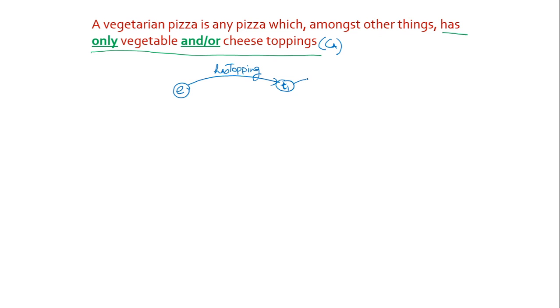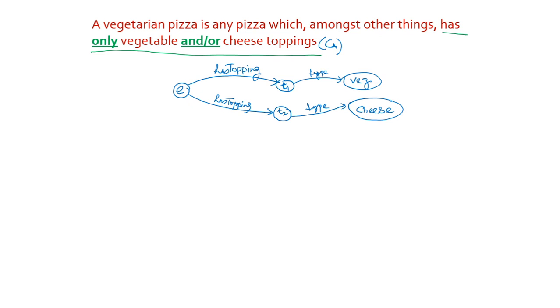So either it belongs to the class veg, right? You can have another topping, say T2, which is of type say cheese, right?